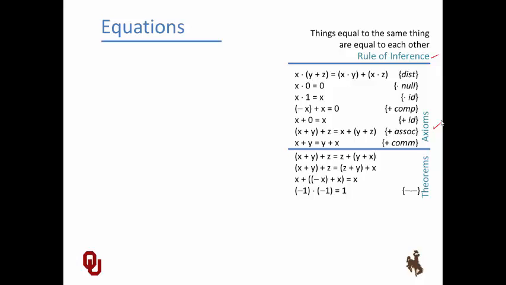Conclusions that can be derived from the axioms by applying the rule of inference are known as theorems. So we have a rule of inference, some axioms, and some theorems. One of the theorems, this last one, the minus times minus theorem, is important enough that we've actually given it a name. These other ones are not too interesting.